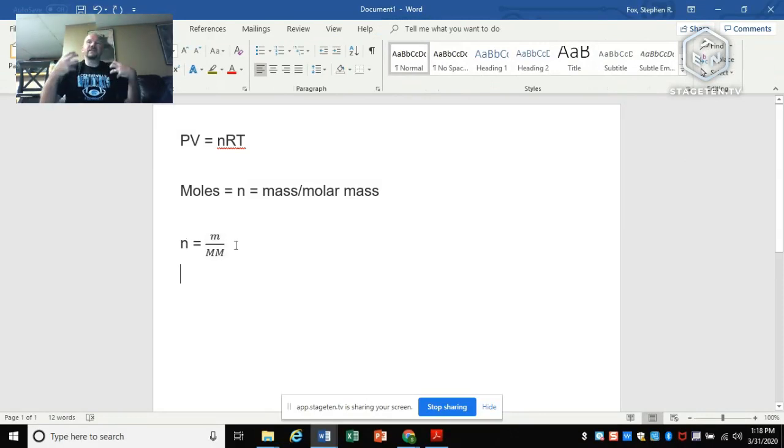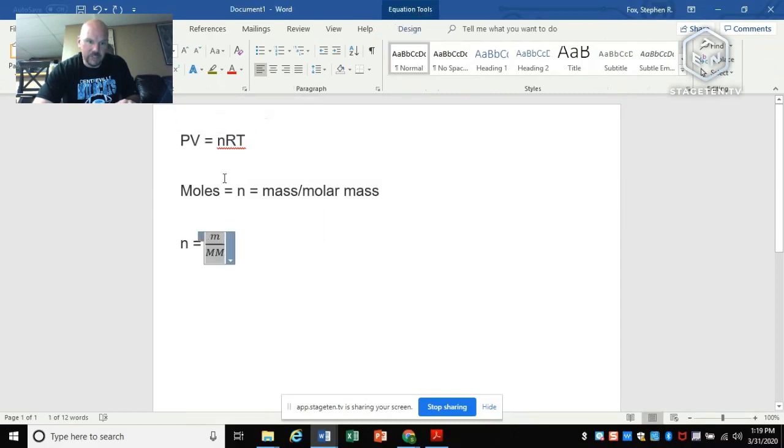If you take your mass of a sample, if you get mass of anything, 12 grams of carbon, 88 grams of whatever, and you want to know moles, how do you do it? You take the mass of the sample and you divide it by the molar mass. So moles of something is equal to a mass of something over its molar mass, right? That's what we're saying here, okay? Well, what we can do is take this equation, PV equals nRT, and plug in this for n, right?